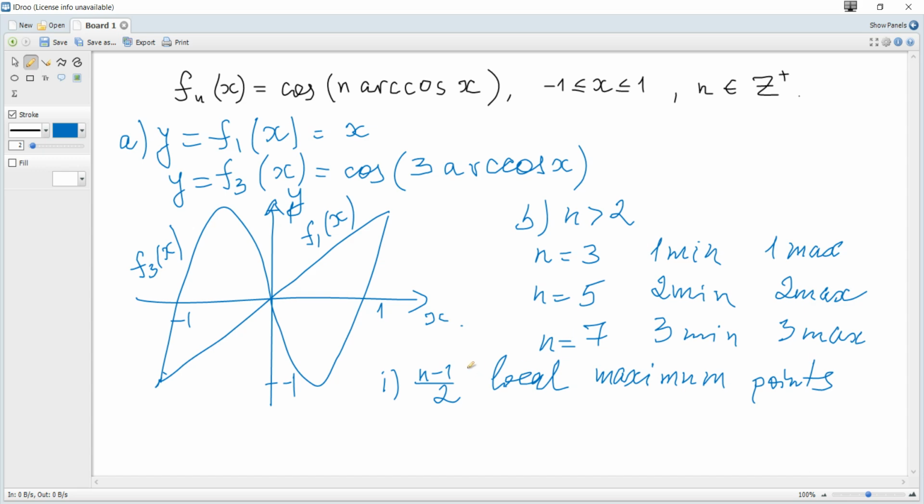So (7 minus 1) over 2 is 3, (5 minus 1) over 2 is 2, (3 minus 1) over 2 is 1. And since the number of local minimum points is the same, (n minus 1) over 2 is the number of local minimum points.